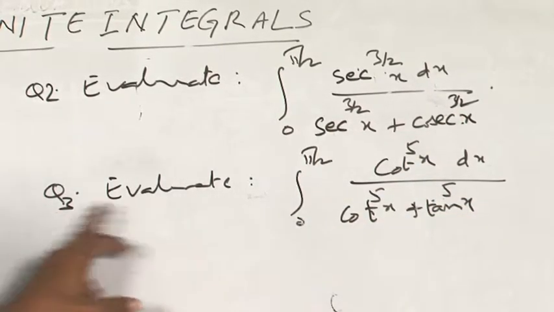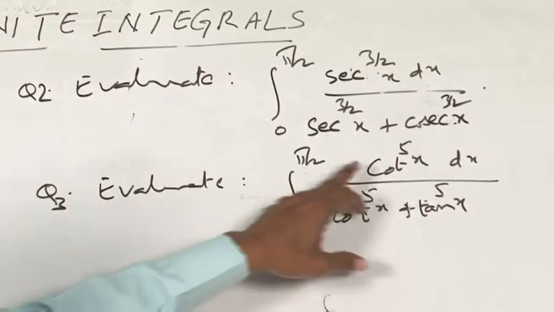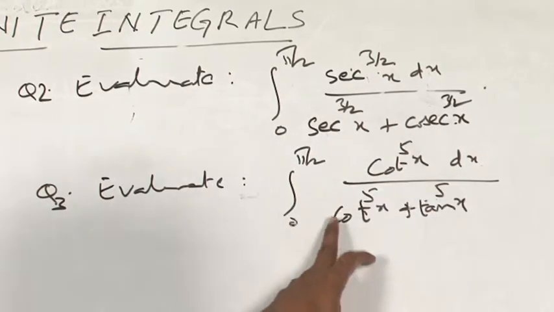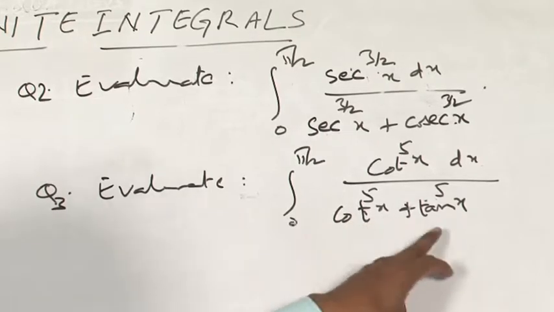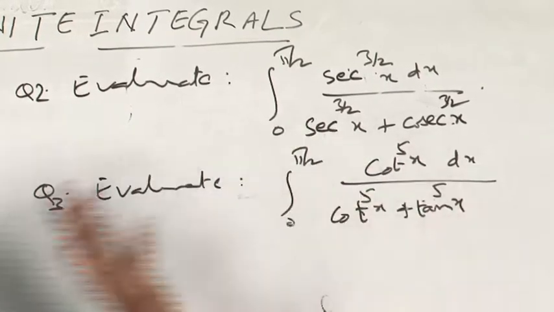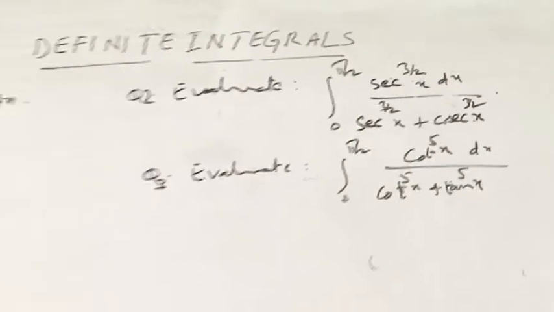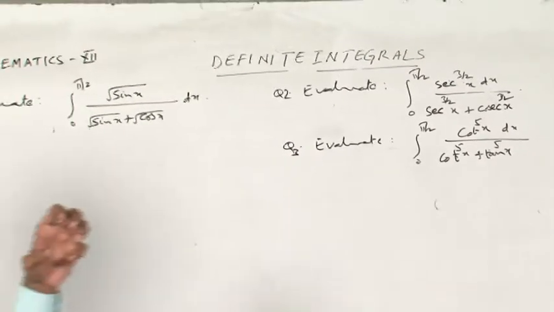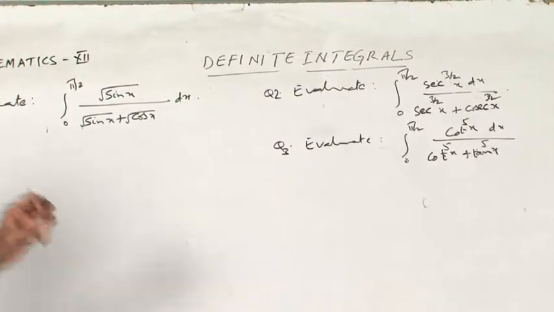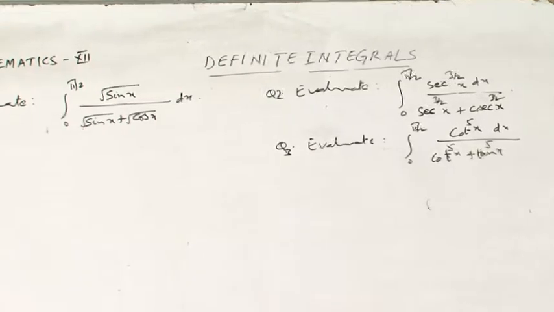And question number 3, evaluate the integral from 0 to pi by 2 of cot power 5 x dx upon cot power 5 x plus tan power 5 x. All three questions seem to have a similar method. So, I will solve one question.